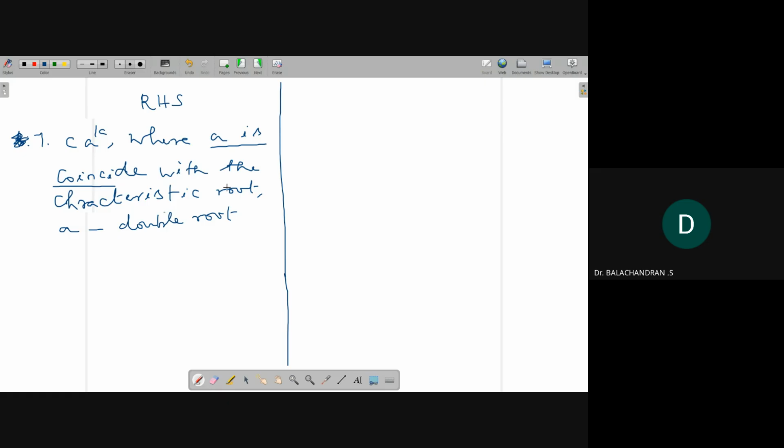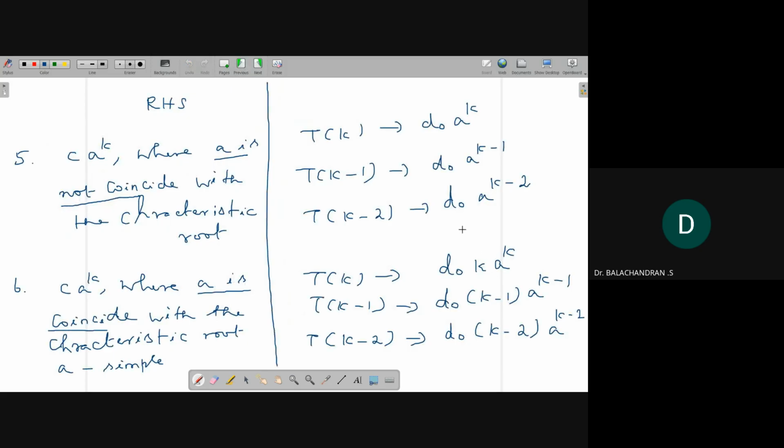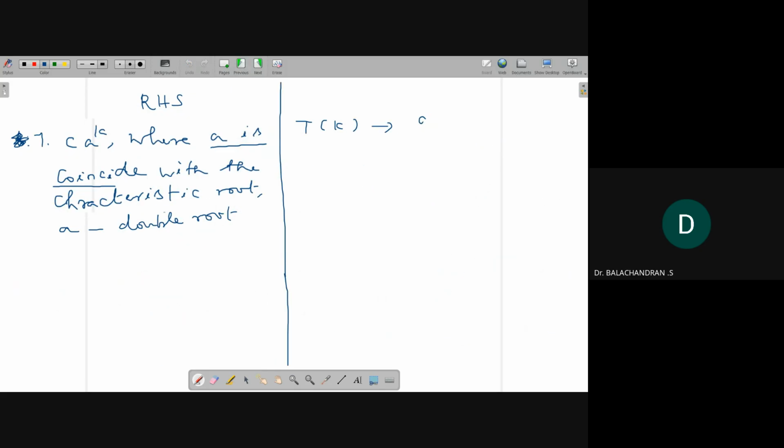So if a is a double root, same idea. T of k, you should write d naught k square a power k, and t of k minus 1, replace k by k minus 1: d naught k minus 1 whole square into a power k minus 1. T of k minus 2: d naught into k minus 2 whole square into a power k minus 2.